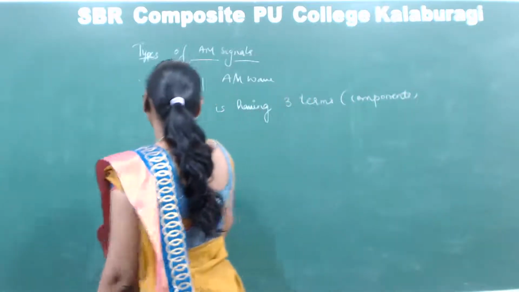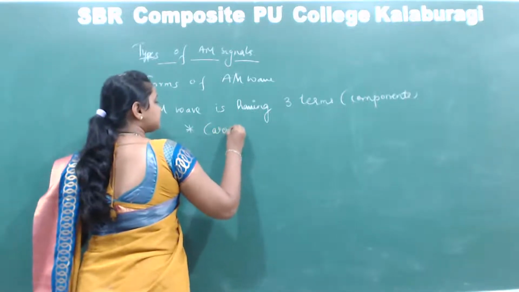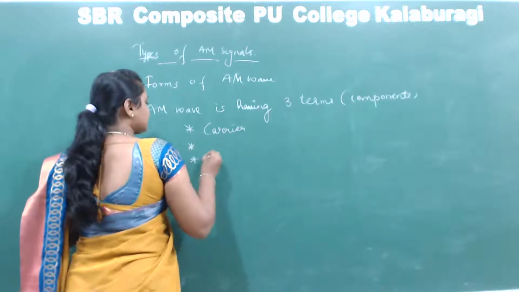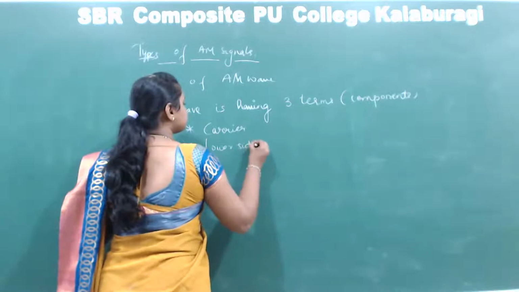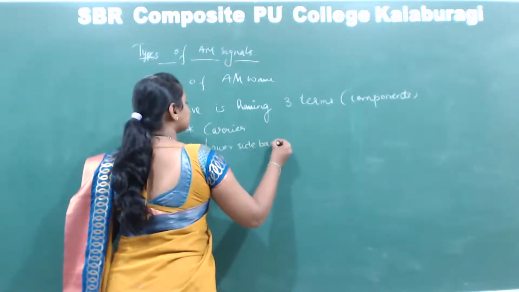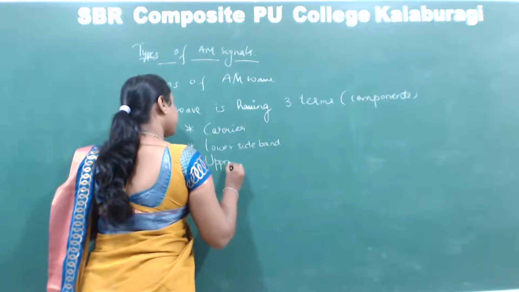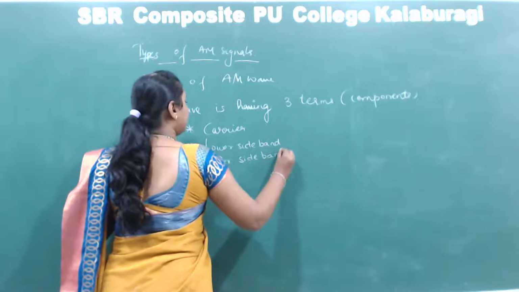And the three components are the carrier, the lower sideband, and the upper sideband.